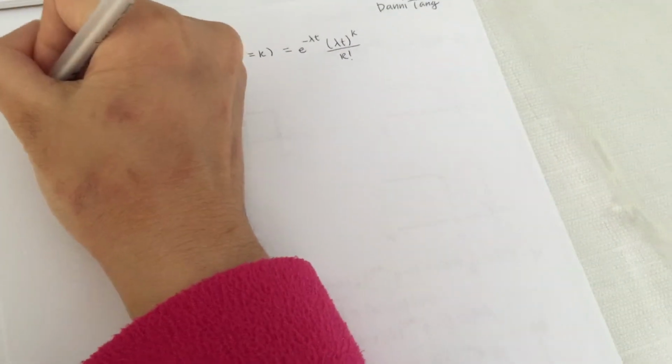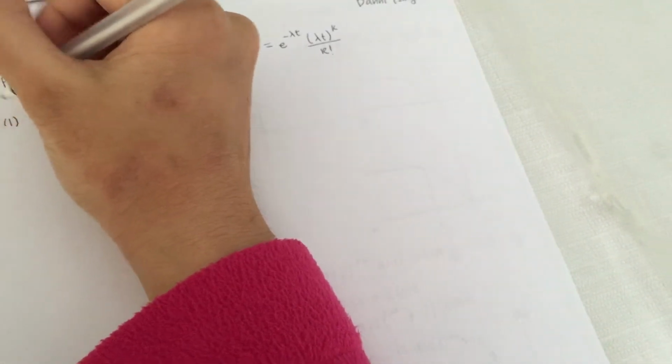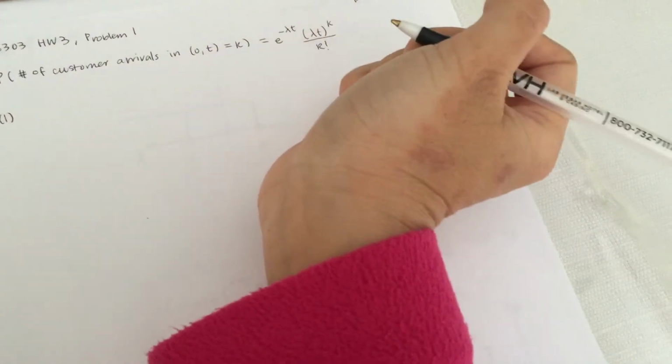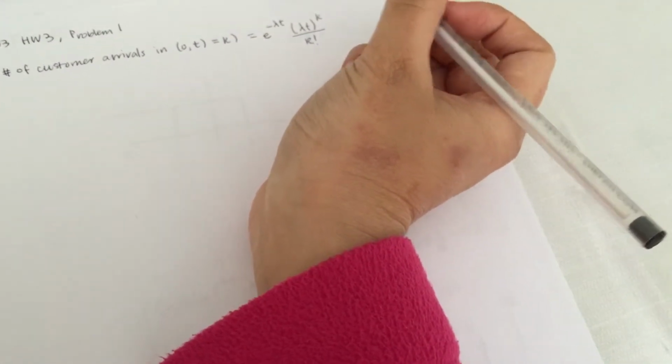So for part 1, it asks us to find the value of lambda when the probability that at least one customer arrives in 2 minutes equals 0.5.